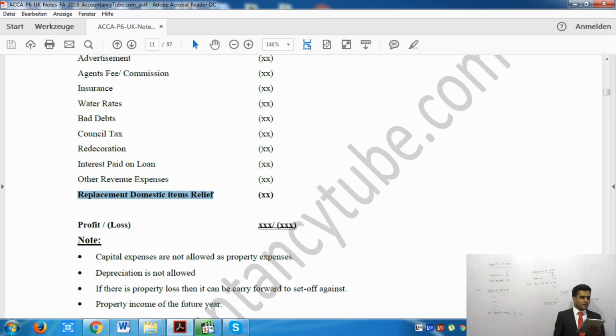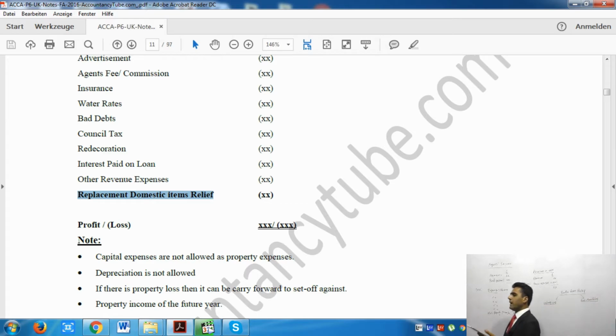Replacement of domestic items relief wasn't in our syllabus previously, but if you have given the exam recently in the Finance Act 15-16, which was tax year 15-16, then you might remember there was something called wear and tear allowance. Now wear and tear allowance is no longer in our syllabus, so the new thing is replacement of domestic items relief. Now as you can see, it is available only on the replacement.